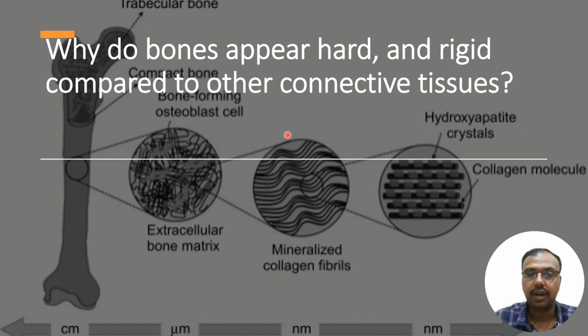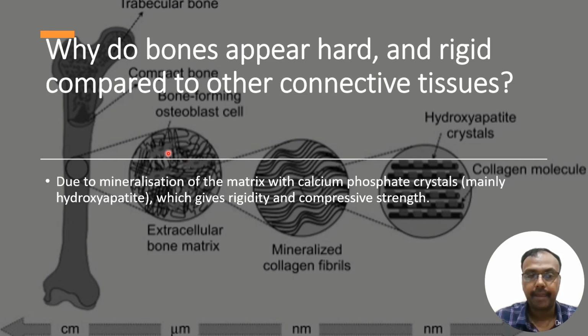Why do bones appear hard and rigid compared to other connective tissues? Due to mineralization of the matrix with calcium phosphate crystals, mainly hydroxyapatite, which gives rigidity and compressive strength.